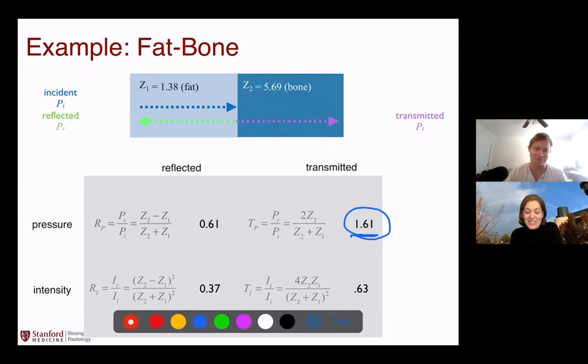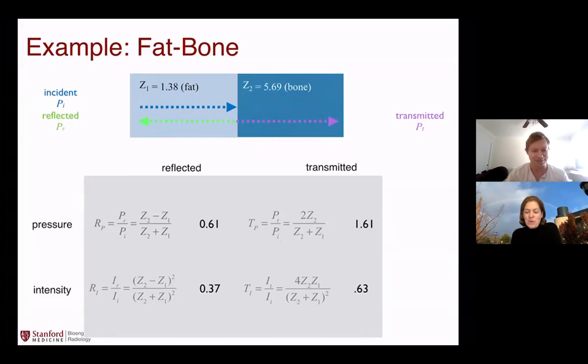Okay, I'm going to have to work on my drawing a little bit. But we're going to see that number go up a little bit, and then our transmitted intensity is about 60%. So what that means on the front interface is that we put a transducer on the skull, and we're going to get maybe 60% transmitted through. On the other side, maybe about 60% transmitted through on the other interface.